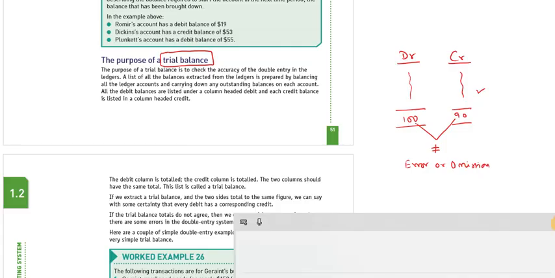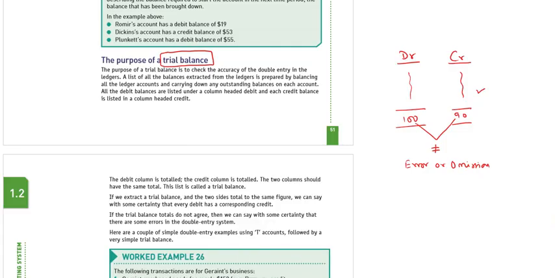Omission is a technical word, so we can say only error here, because later on we will learn that if we omit some entry, it will never create any impact on the trial balance. So if the debit side is not equal to the credit side, it means we have committed some error. So this is the main purpose of making trial balance.